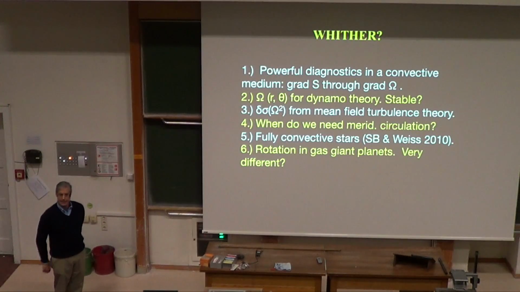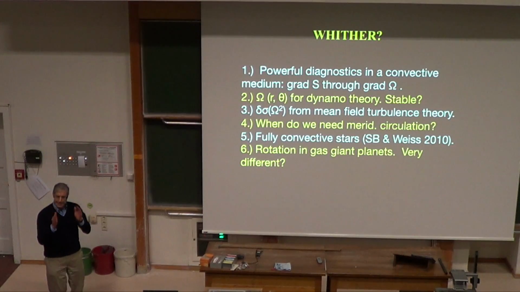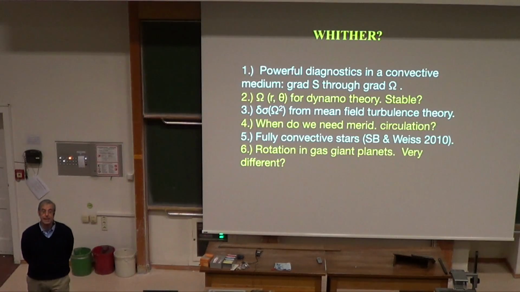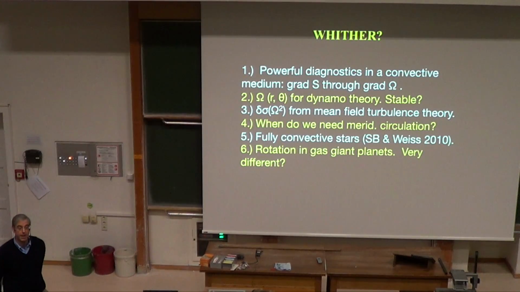Which is surprising. And it's not just that the Coriolis forces are small, at some level the Coriolis forces are as big as they ever are, but they're exactly balanced by these pressure gradients. But everything then changes when you have a baroclinic state. Then the convection certainly is modified in the ways that I've described.